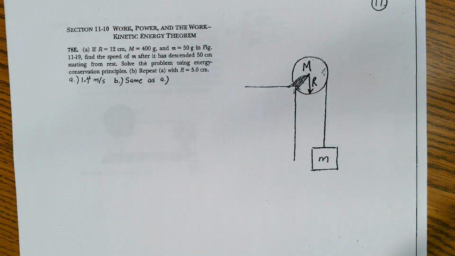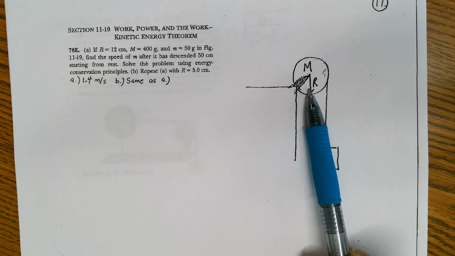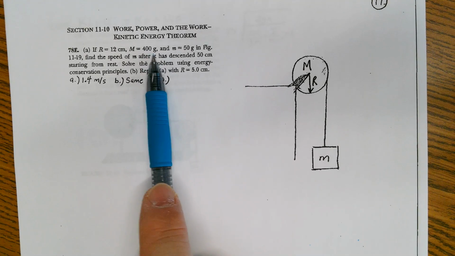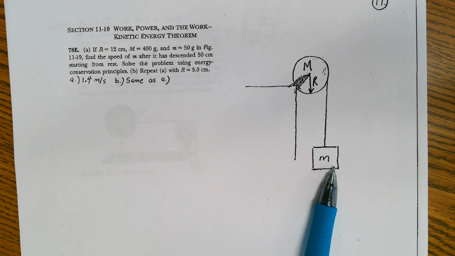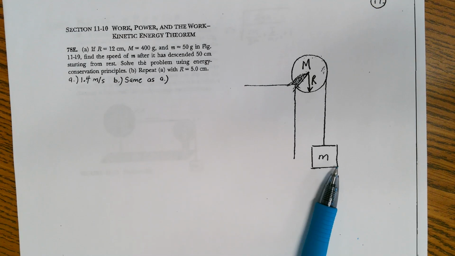Here we have R is equal to 12 centimeters. Don't forget that's centimeters. M is equal to 400 grams. So that's important. Small hanging mass is 50 grams. All right. So we should really use that MKS system, meters, kilograms, seconds.